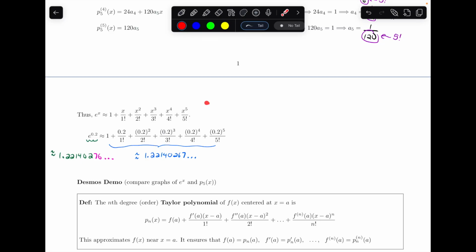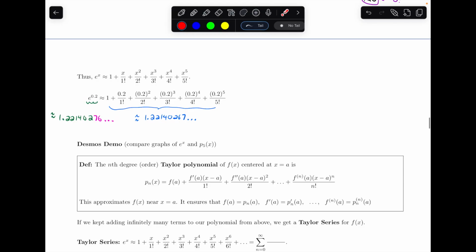So what we've done here, I can give this a more general definition. The nth degree or nth order Taylor polynomial of f of x centered at x equals a is this polynomial that's given by this type of formula, where I have terms like x minus whatever that center point is, to a power.